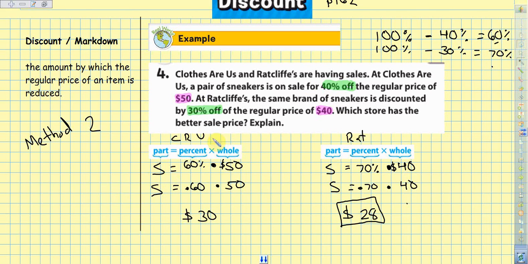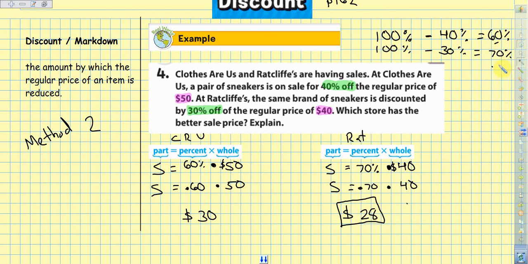So the only thing that I did different, to go back to recap on this problem, was that I took this 40%, instead of saying off, I just said, well, what's my other side of that 100%? It's 60%. So 40% I'm taking off, 60% is going to be my sale price. Same with the 30%.